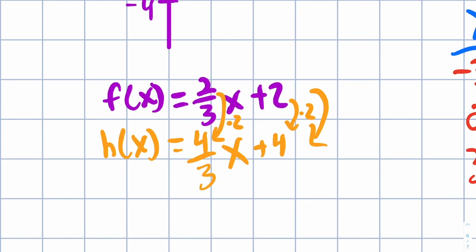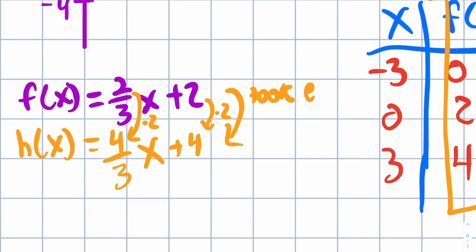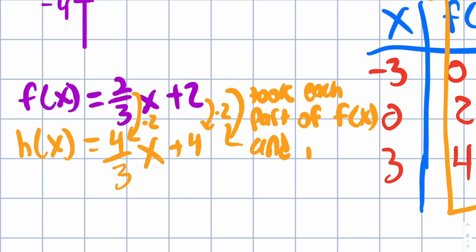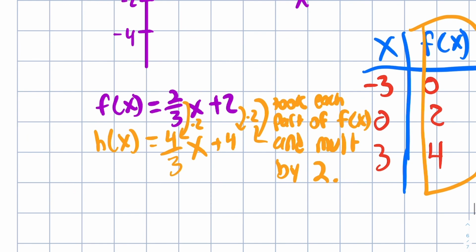So that means we took everything, each part, and multiplied by 2. That's what happened. And let's see if we can write that a little bit neater than with all these arrows.